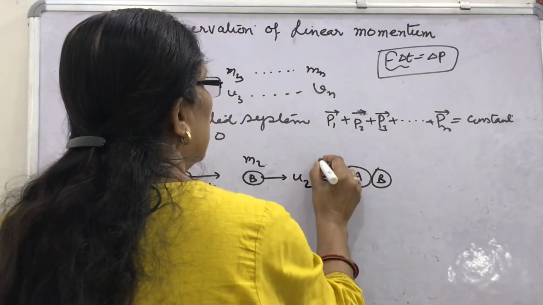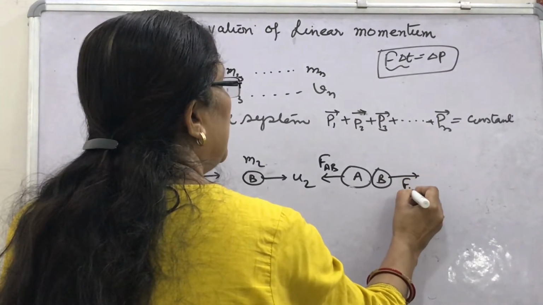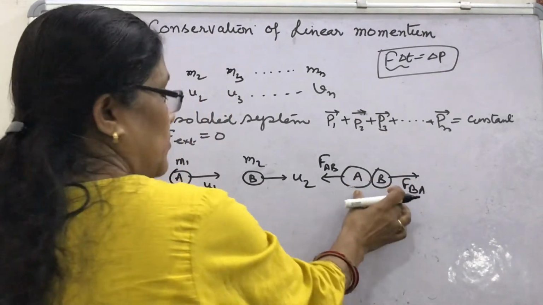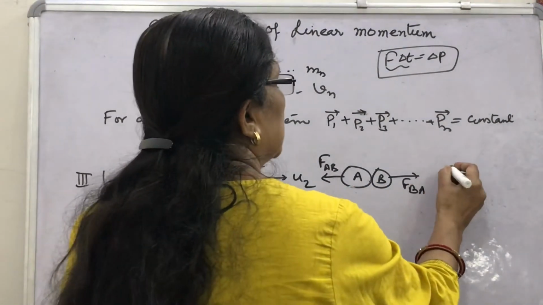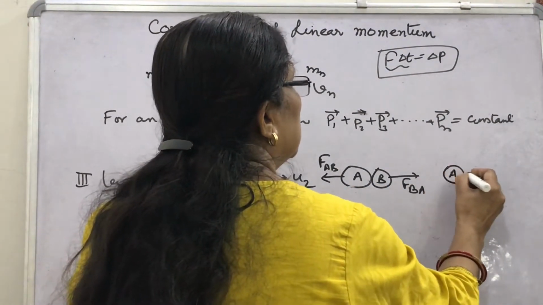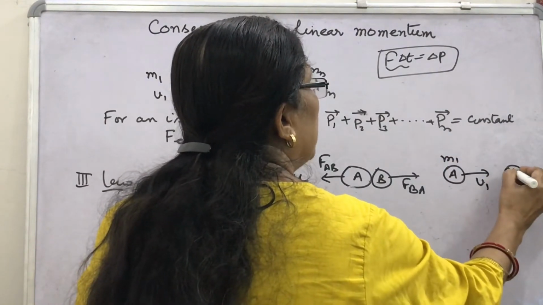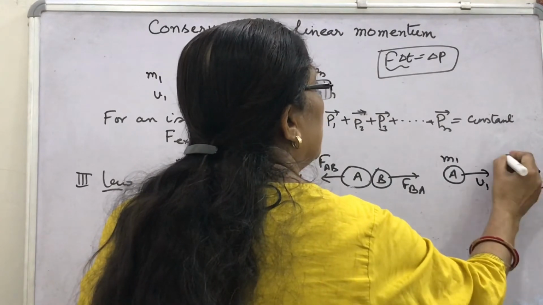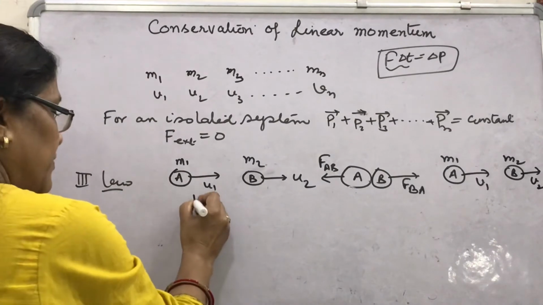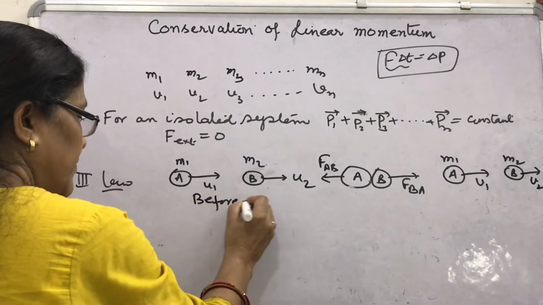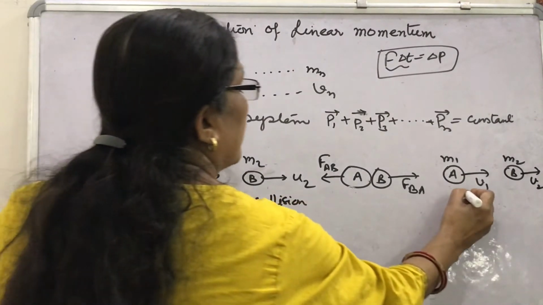So this is the force FAB and this is the force FBA; both are interacting, so they apply mutual internal forces on each other. After collision the mass m1 moves with velocity v1 and B of mass m2 moves with velocity v2. This is before collision and this is after collision.